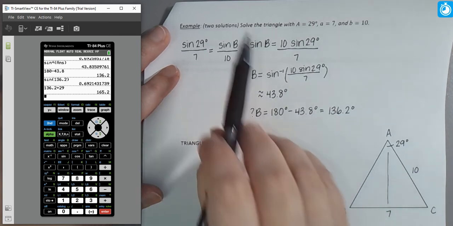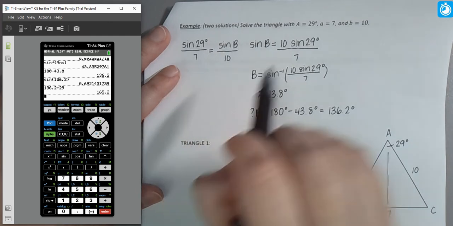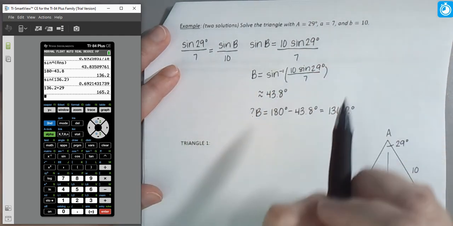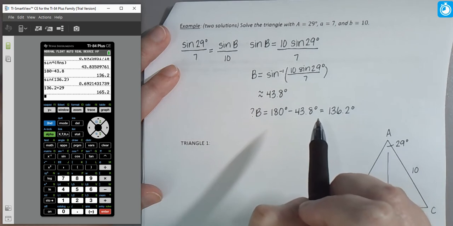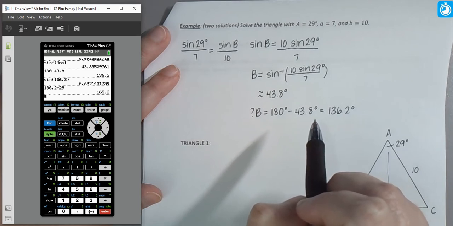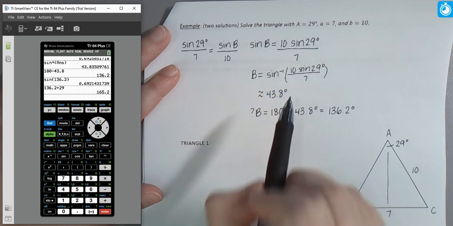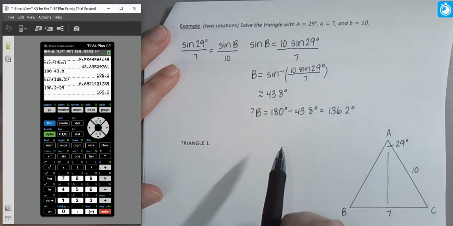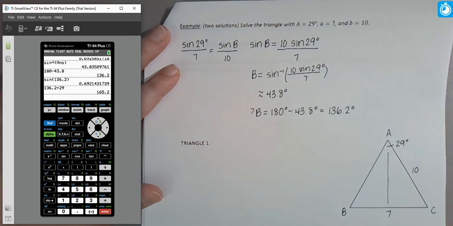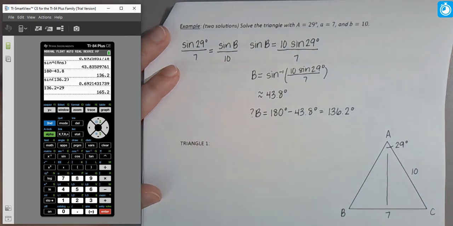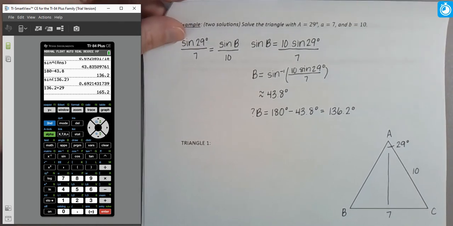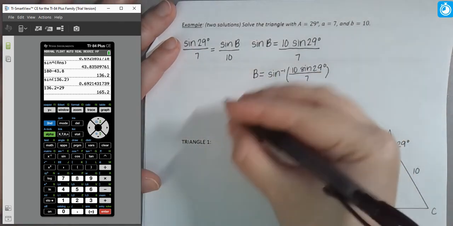That is where we end up with two solutions. This set of information actually matches up with two different triangles. For one of them, B is an acute angle, and for the other, B is an obtuse angle. What changes from one triangle to the next is which angle is largest, and therefore which side is largest.